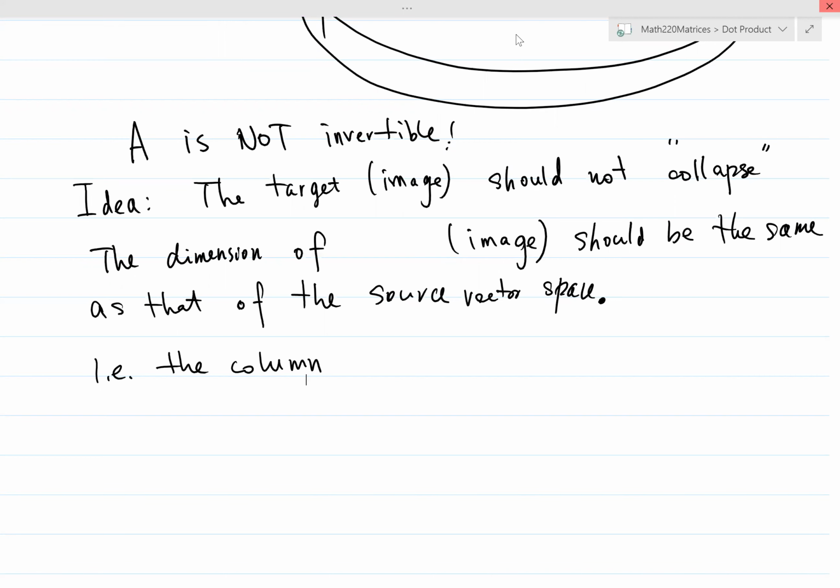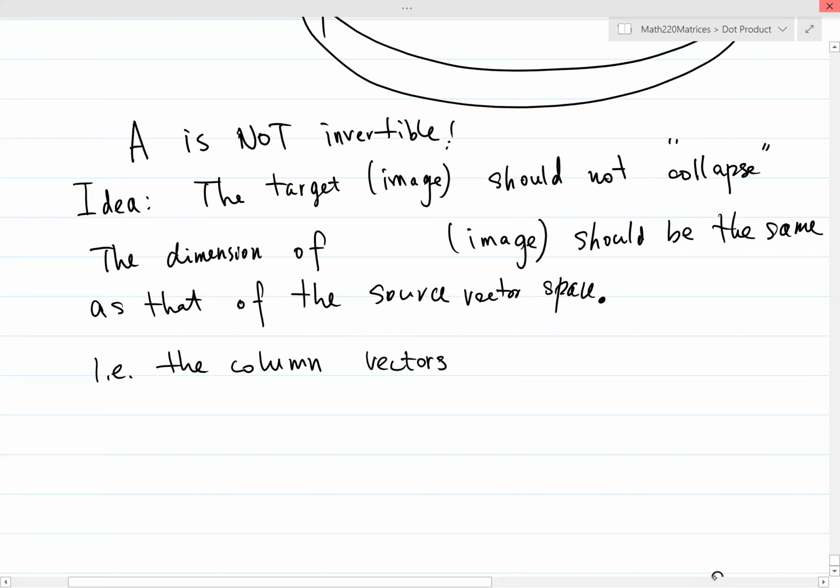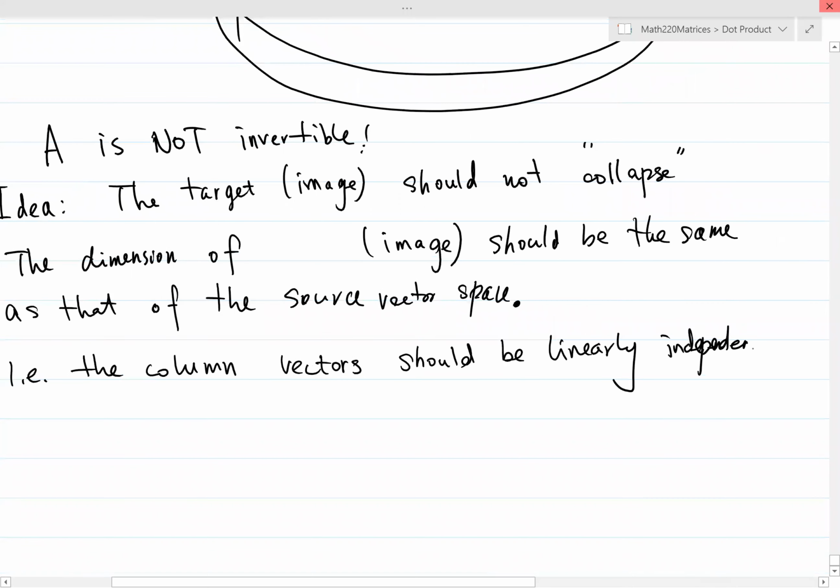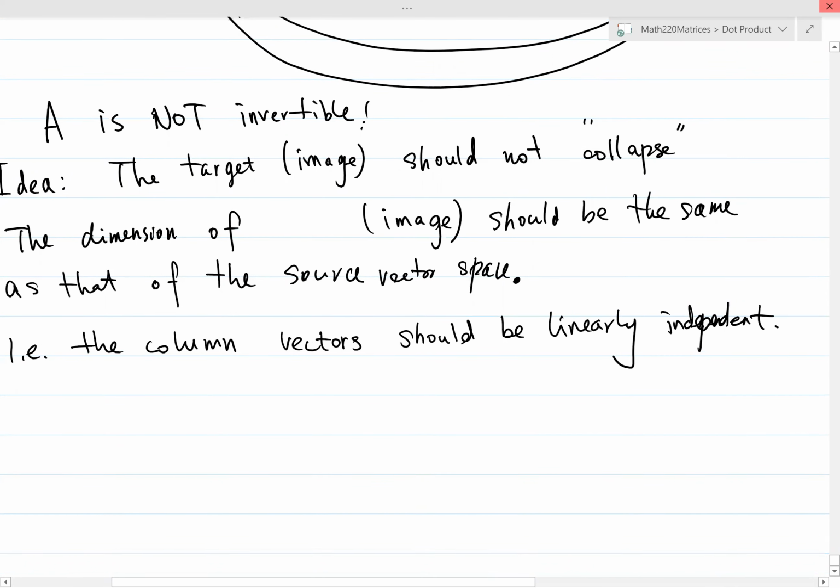Okay, the column vectors should not be linear combinations of each other; they should be linearly independent. It should be linearly independent.